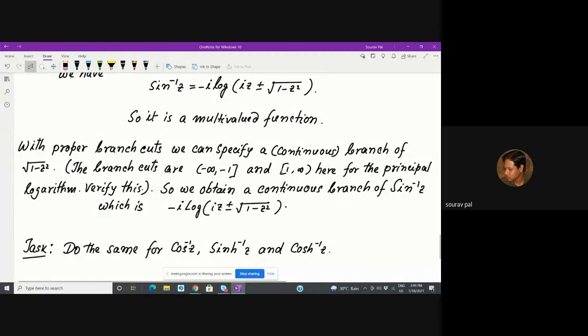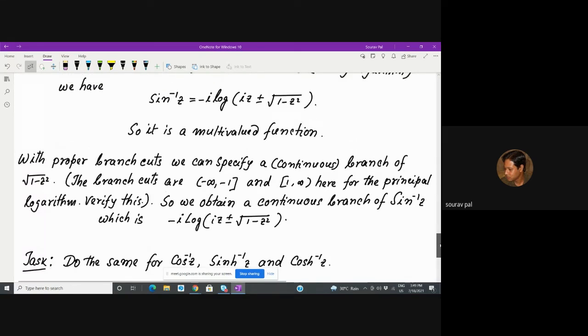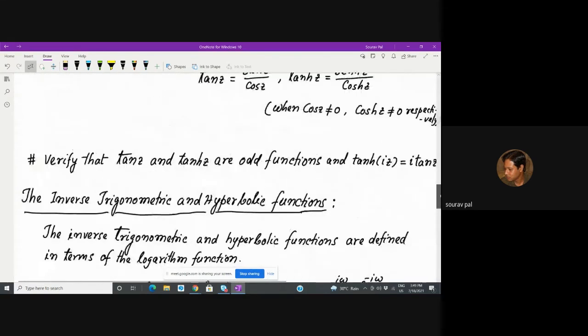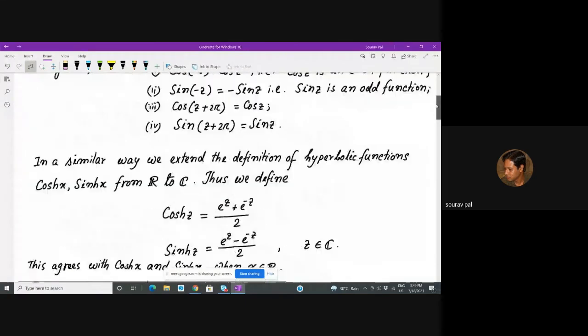You have to remove these two half lines to have the principal logarithm. And then you can say that sin inverse z is a well-defined single-valued continuous function. Okay, and you can do the same thing for cos inverse z, sinh inverse z and cosh inverse z.